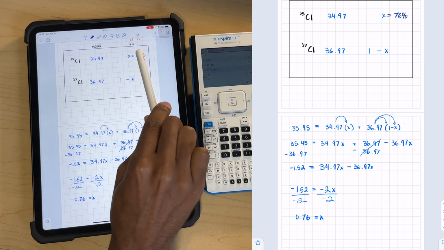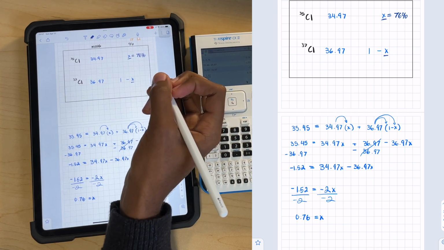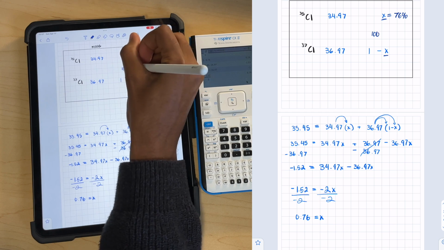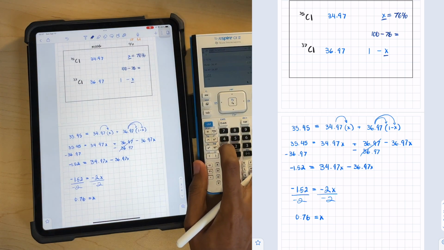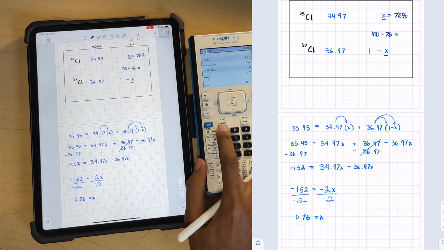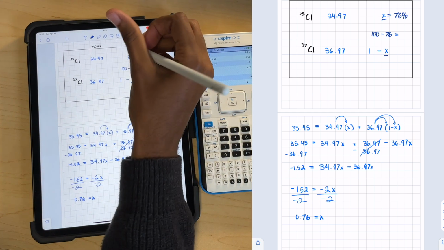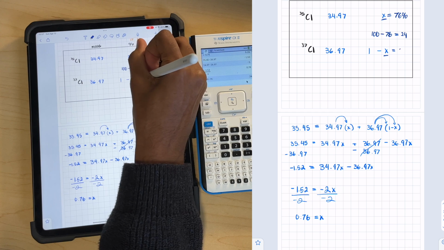Since this x is the same as this x, all we have to do is 100 minus 76, which equals 24. So this is 24%.